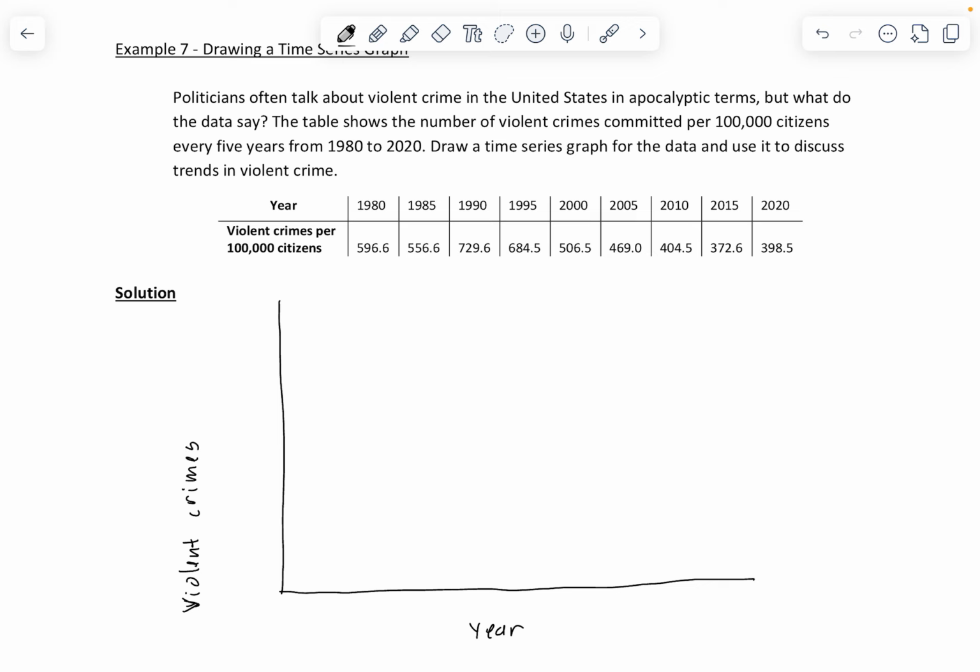And specifically, it is per 100,000 citizens. All right. So basically, we're putting the first row along the horizontal axis and the data from the second row along the vertical axis.